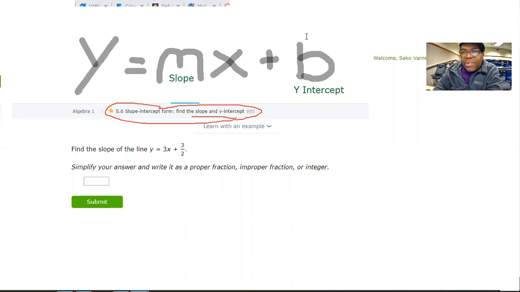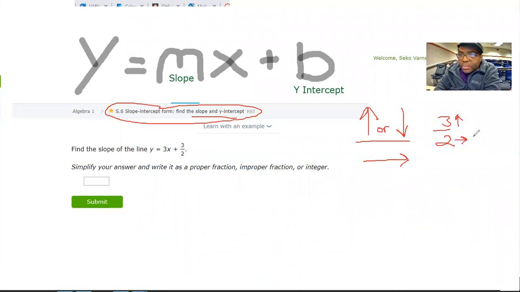We're going to be plugging numbers in the whole time that we're dealing with this. Here's something I want to remind you. The slope is always a fraction. The top of the fraction is either going up or down in terms of movement, and the bottom of the fraction is always going to the right. So if we have 3 over 2, that's up 3, to the right 2.